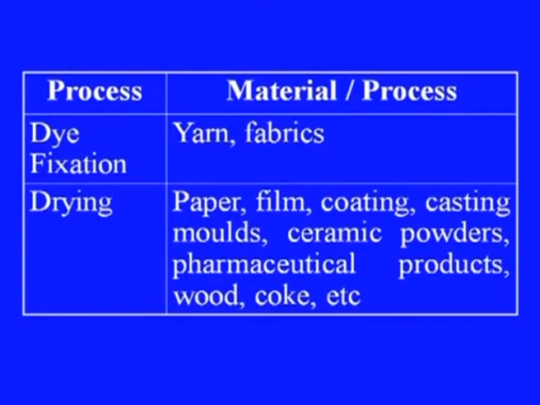Then for dye fixation, the microwaves can be used for yarn or fabrics. Then for drying of paper, film, coating, casting molds, ceramic powders, pharmaceutical products, wood, coke and so on.